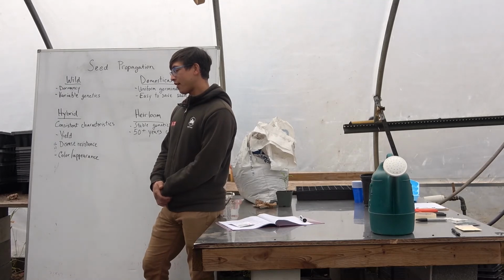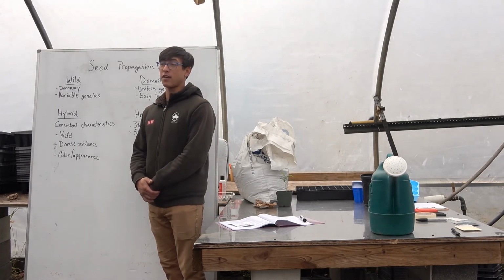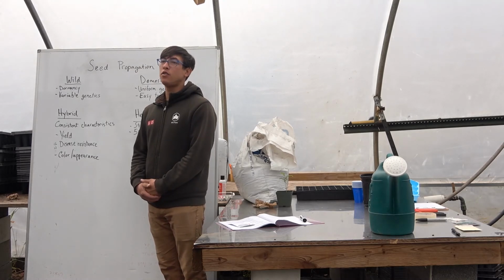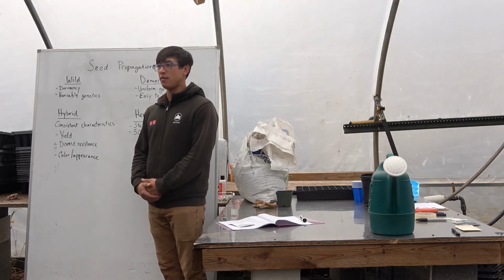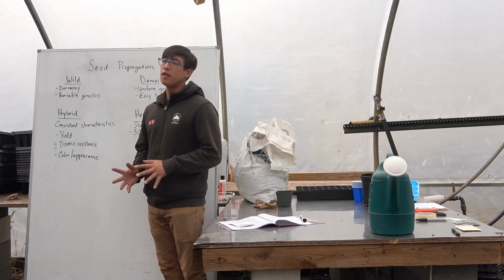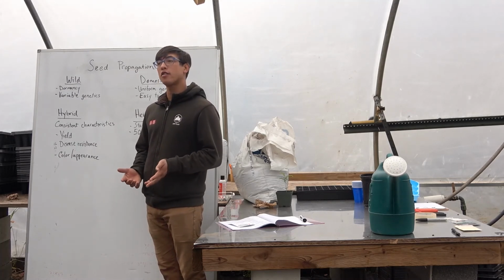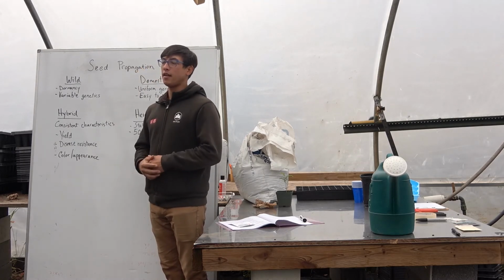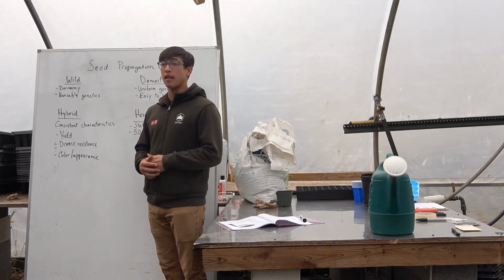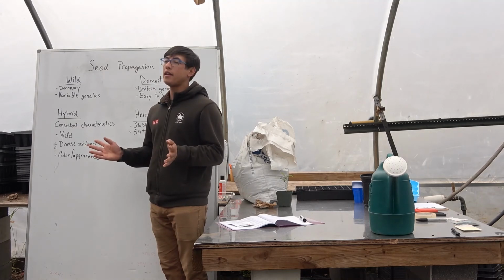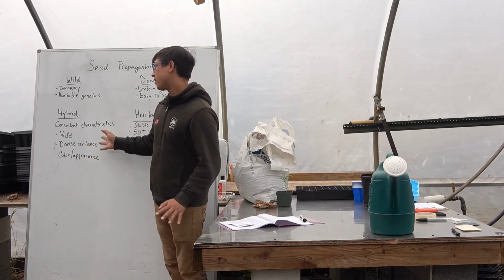There's another category of seeds. They're called GMO or transgenic plants, and you don't typically see those types of plants in home gardens. They're more for industrial agriculture, and those plants are genetically engineered in laboratories, and they are mostly used, like I said, in industrial agriculture, planted on a large scale, and they are not hybrids. Hybrids are different.